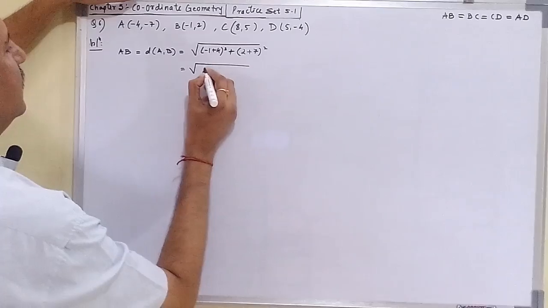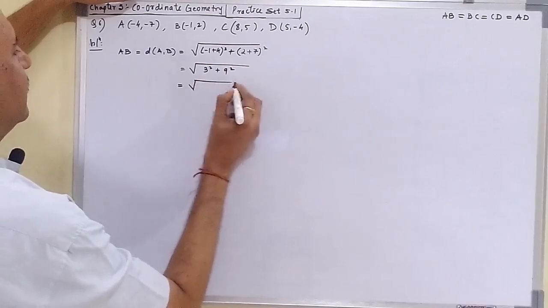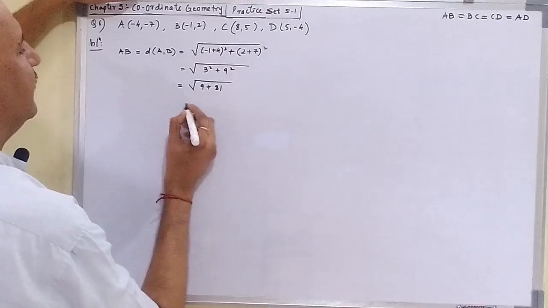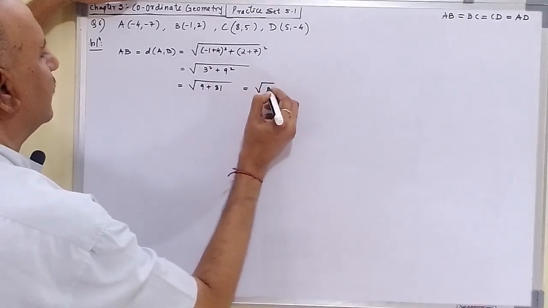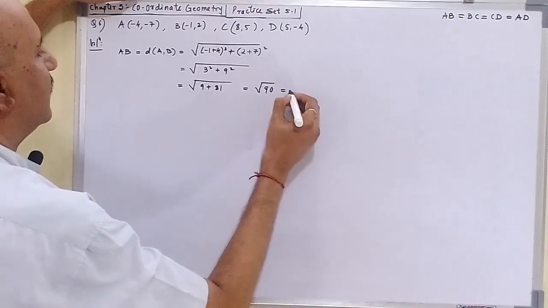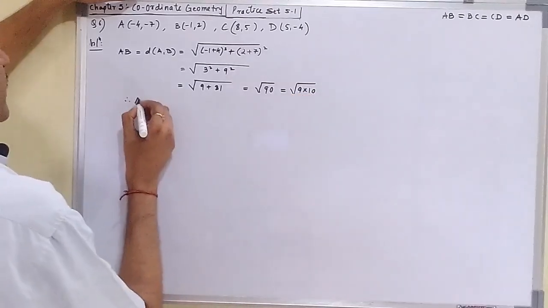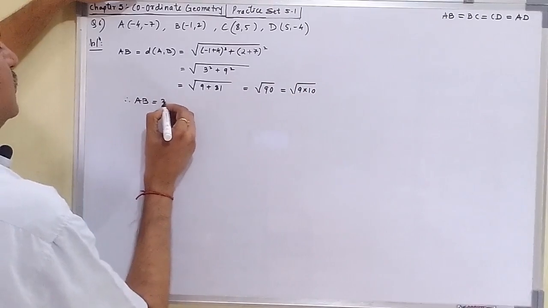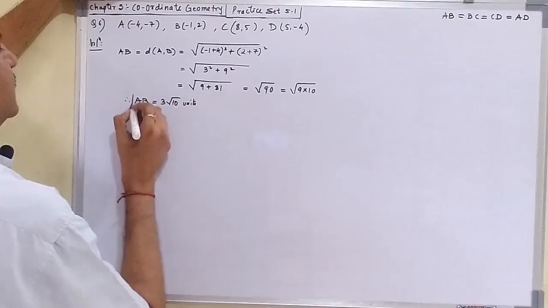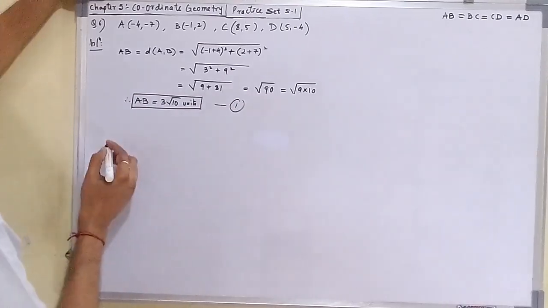So this will be 3 square plus 9 square. 9 plus 81, this is 90, 9 into 10. Therefore, AB is equal to 3 root 10 units. Now we go to BC.